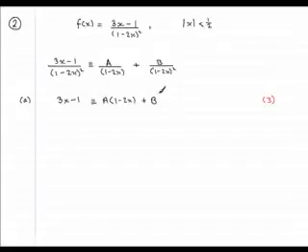Now to find a and b, there's several methods. What I'm going to do though is to choose x equals a half, so I'm going to say let x equal a half. And why I do that is so that this particular bracket becomes 0, and then a times 0 will just leave me with nothing, and I'll be left with b.